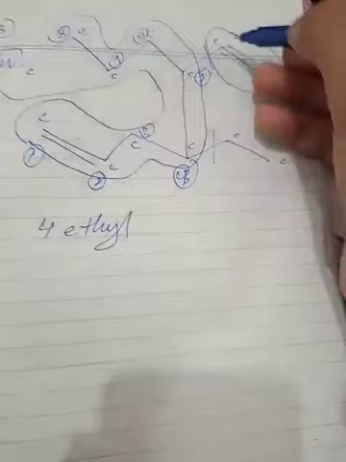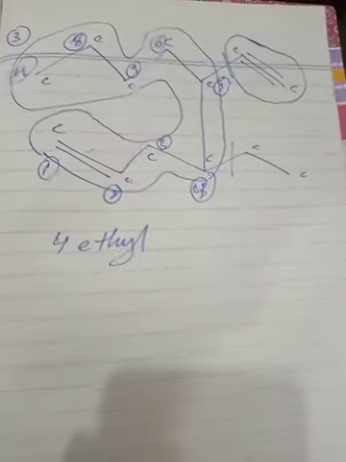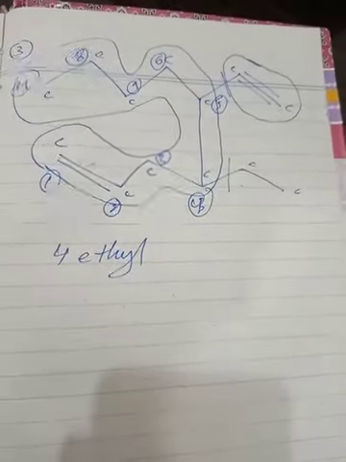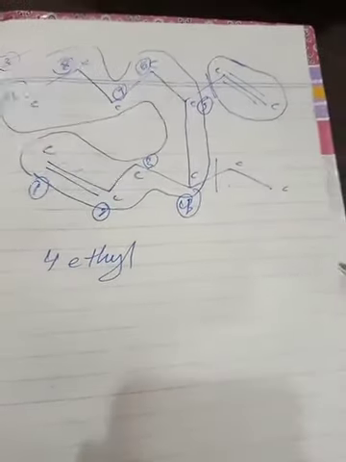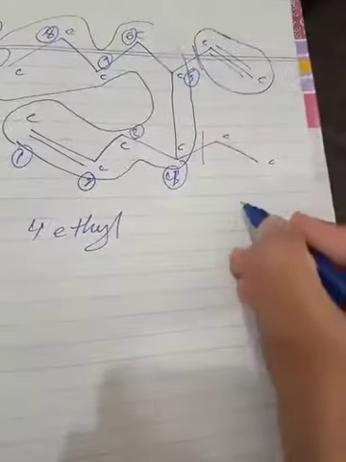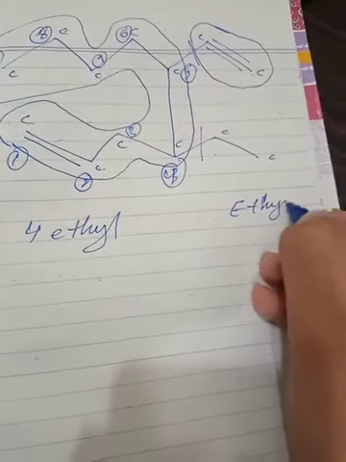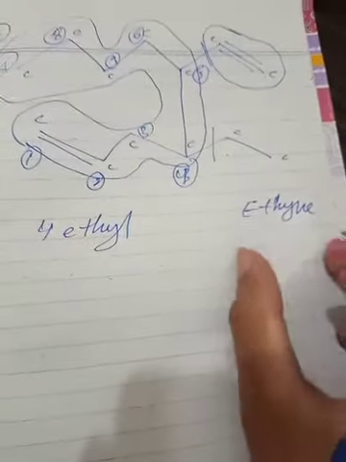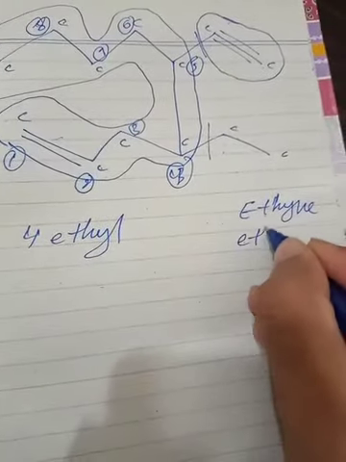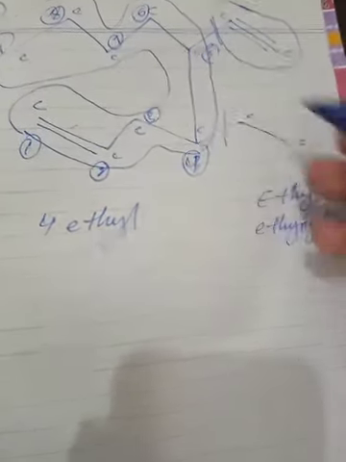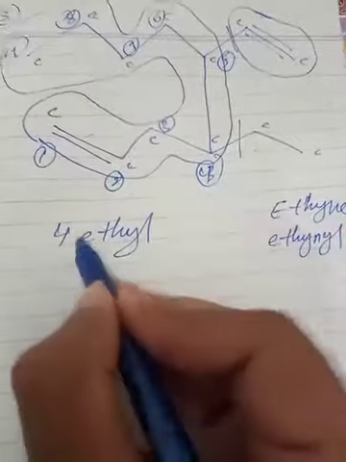Now it has 2 carbons, that means ethane, but it will be named ethyne because of the triple bond. And when one hydrogen is removed from this, it will be named ethynyl.